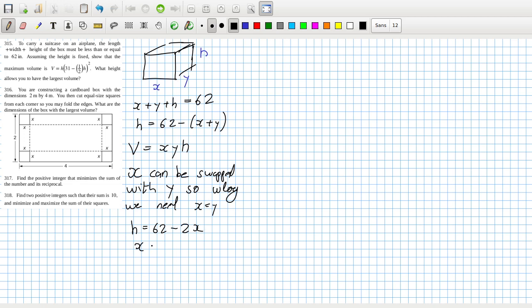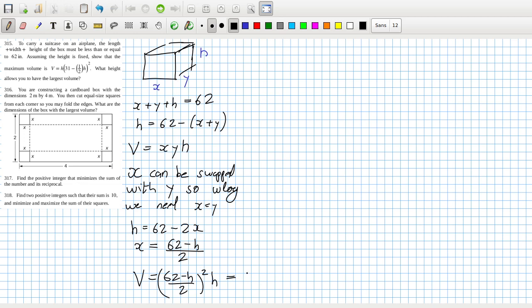So X would equal 62 minus H over 2. So if we sub that in, we get V equals 62 minus H over 2, squared, times H. So we could take the 2 out for sure.